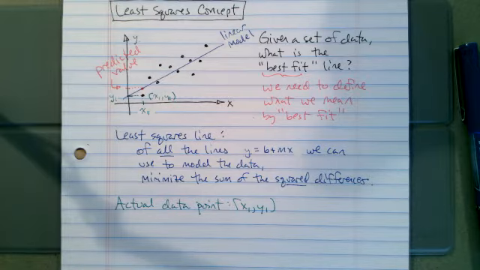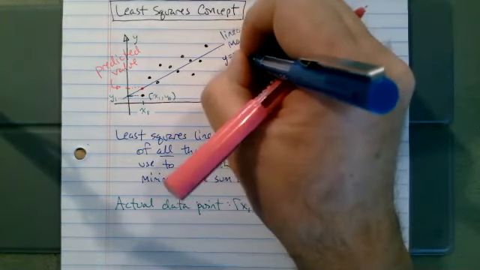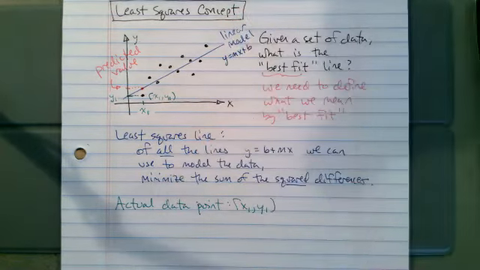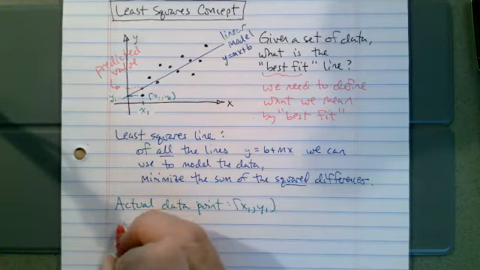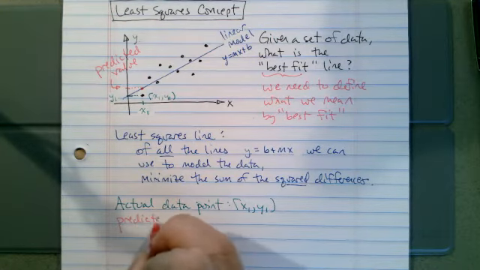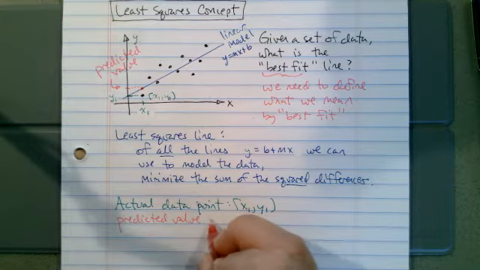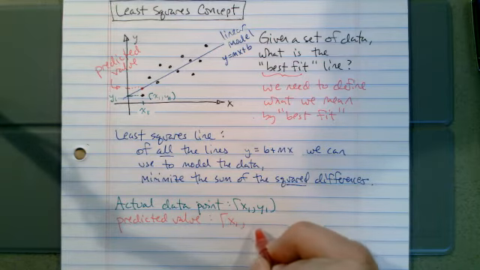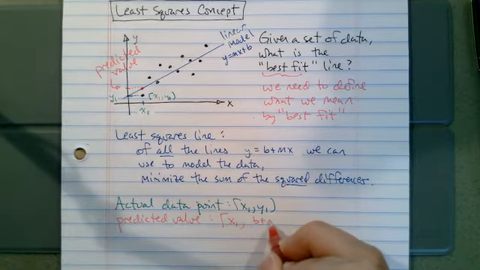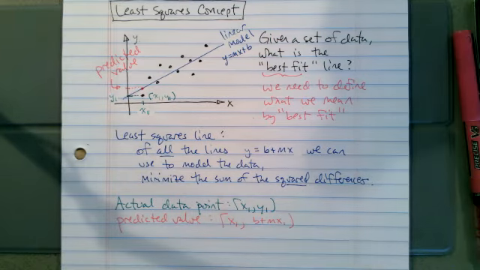So if this linear model is, say, y equals mx plus b, we're going to take the value x1, plug it into our model to get a predicted value. And we do this for all those points.